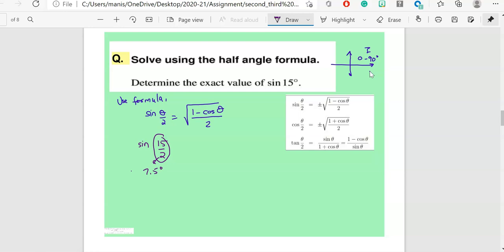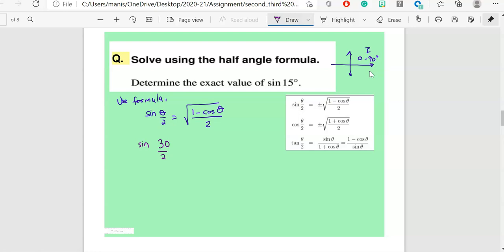Is the question asking us for sine 7.5 degrees? No. So what we will do is write it in such a way, sine 30 over 2. Sine 30 over 2 will be my 15 degrees.